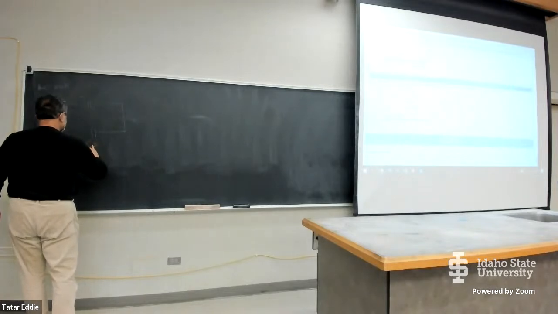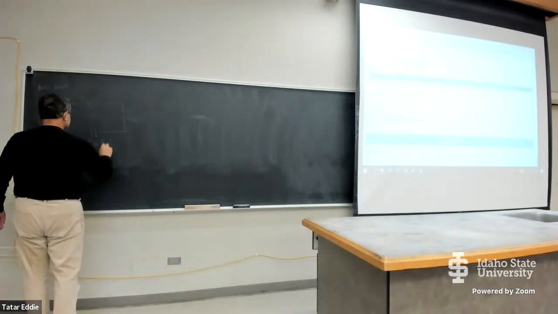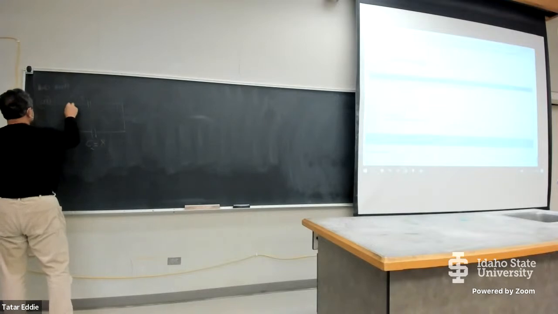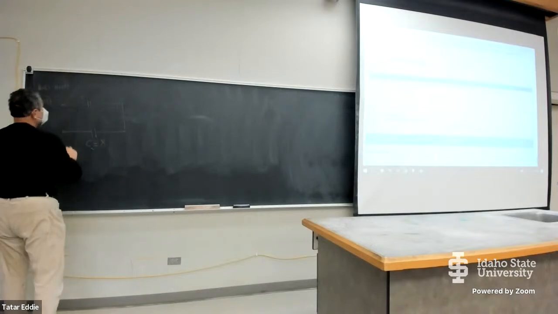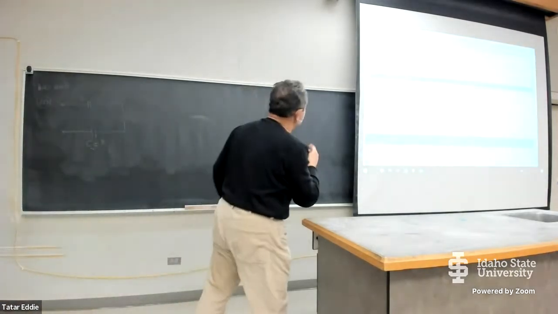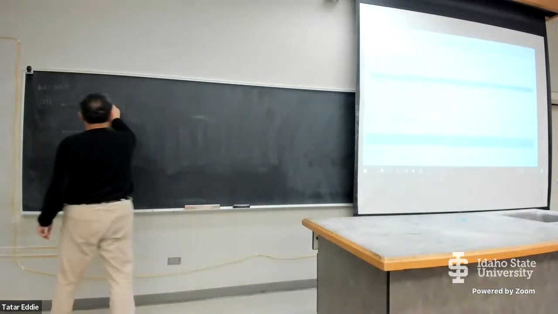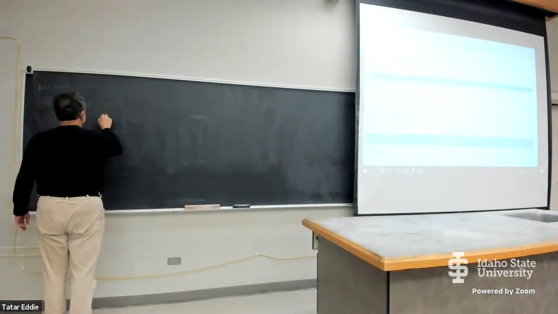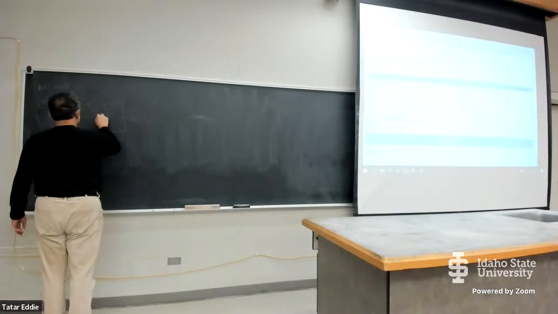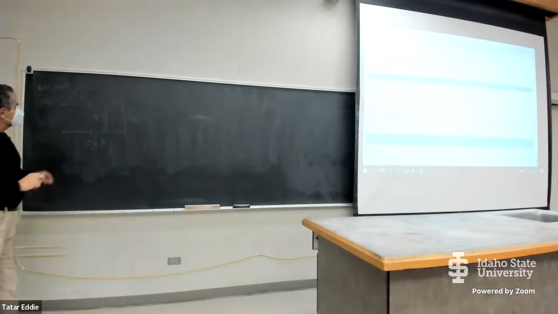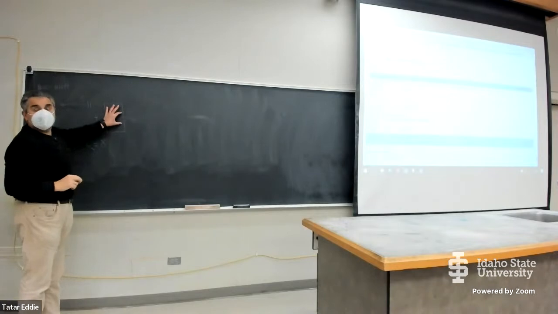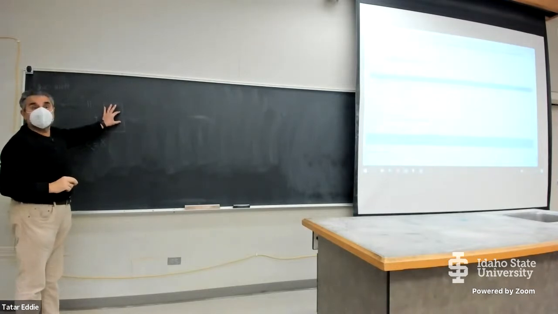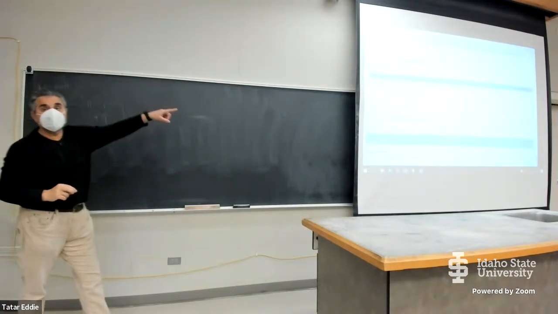And let's not forget that we have one more capacitor in the middle, that is 4. So this one is 4. Now we have to figure out the effective capacitance of those three connected.